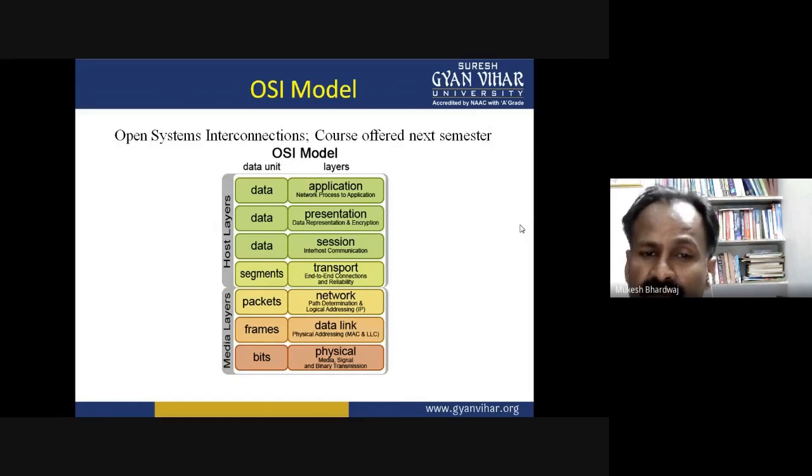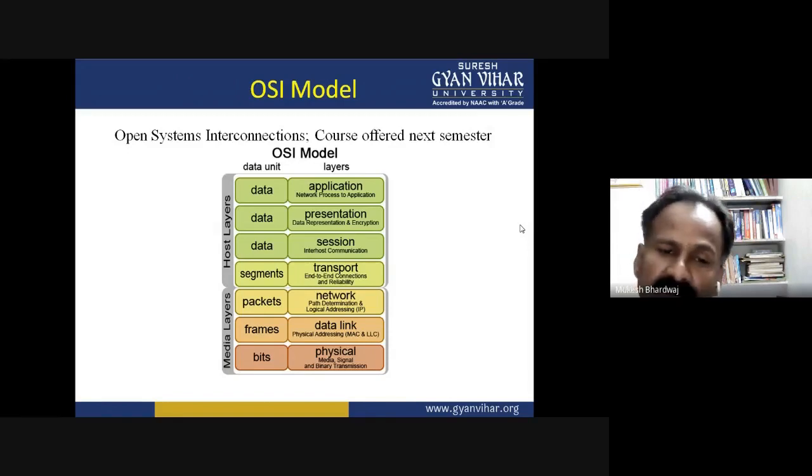Then the data is converted into segments, then into packets, and after that these packets move in the form of frames through the data link layer, that is physical addressing, MAC layer or LLC.